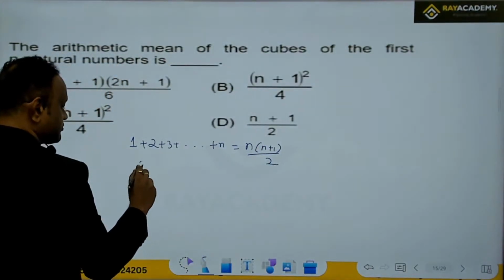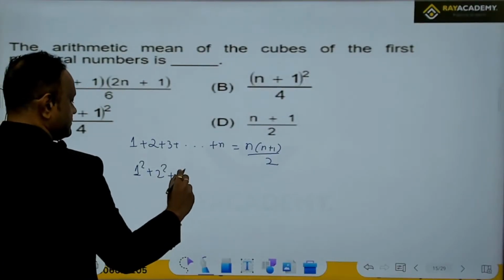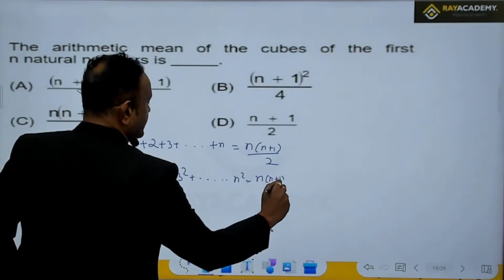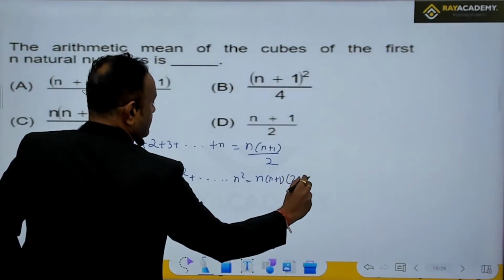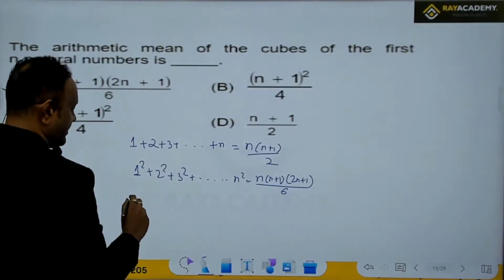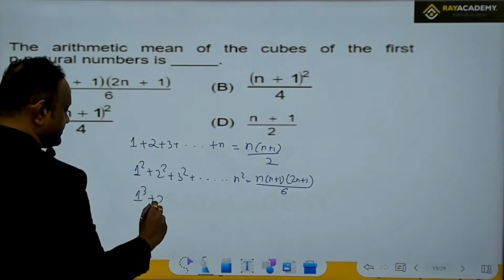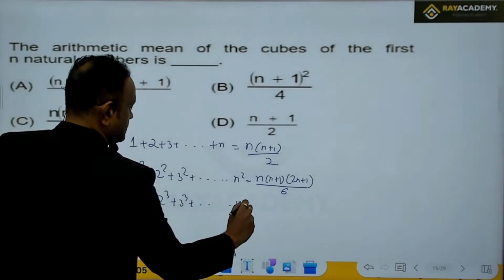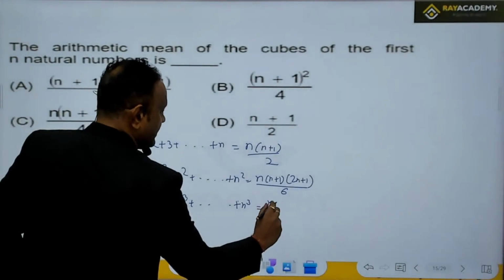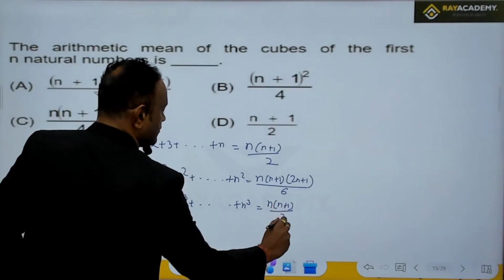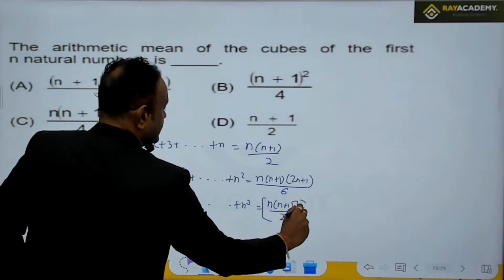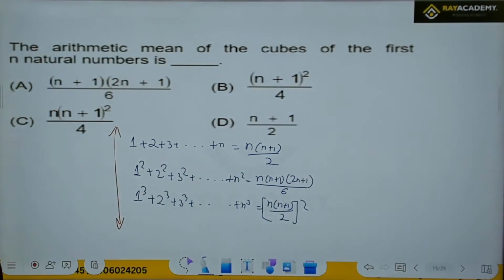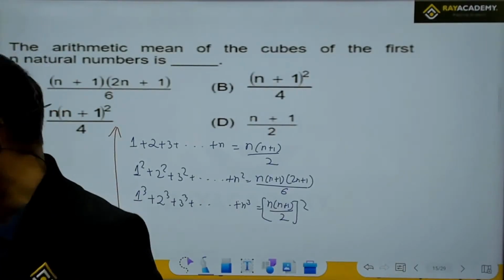Sum of n consecutive squares is n into n plus 1 into 2n plus 1 divided by 6. Sum of n consecutive cubes is n into n plus 1 by 2, whole square. These 3 formulas everybody should remember. This is very important for your competitive exams.